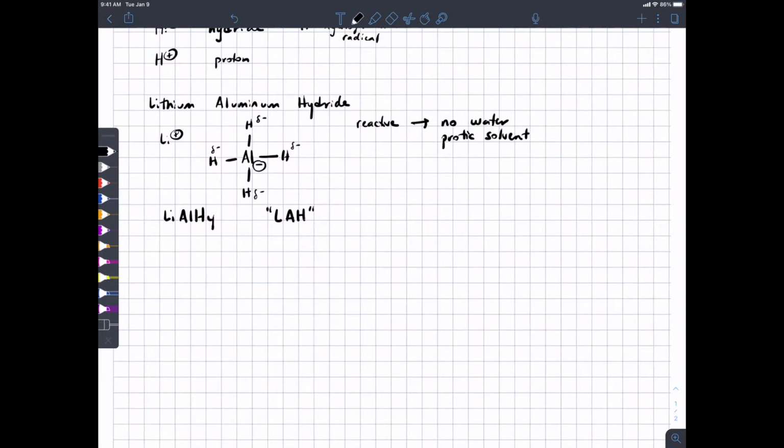There are some other hydride delivery reagents. One is called sodium borohydride. This is analogous to lithium aluminum hydride, only this is much less reactive. And that has to do with the lower electronegativity difference between boron and hydrogen. So it's not as reactive as lithium aluminum hydride. You can use protic solvents.